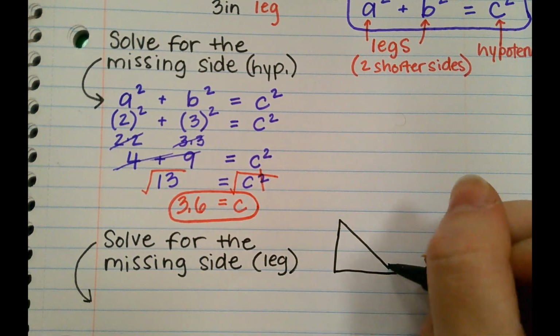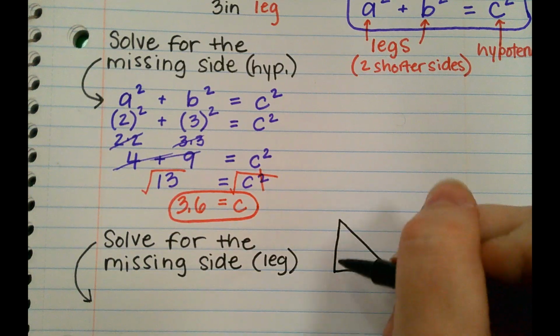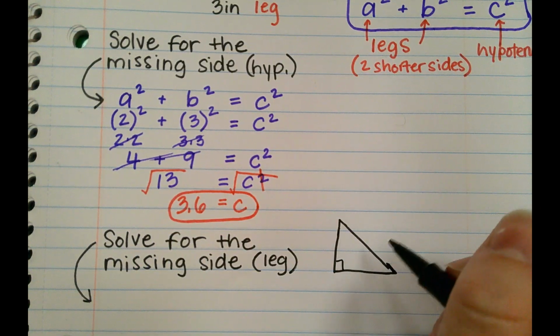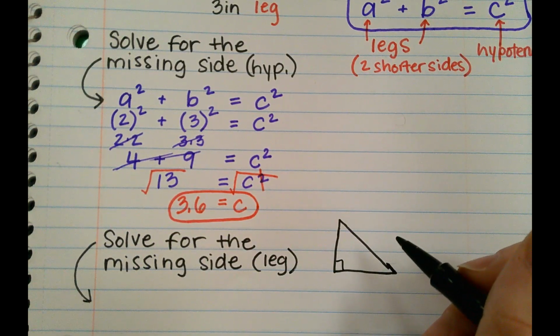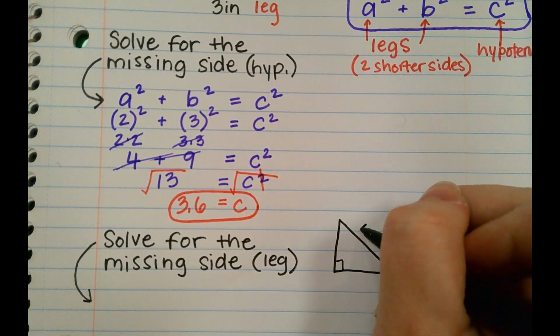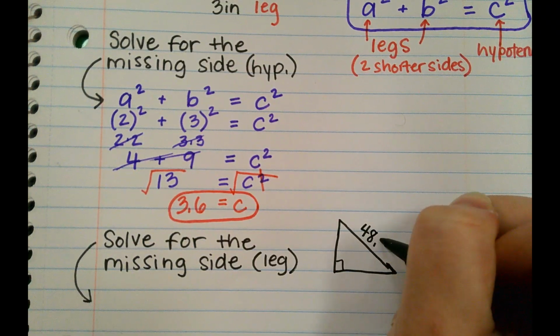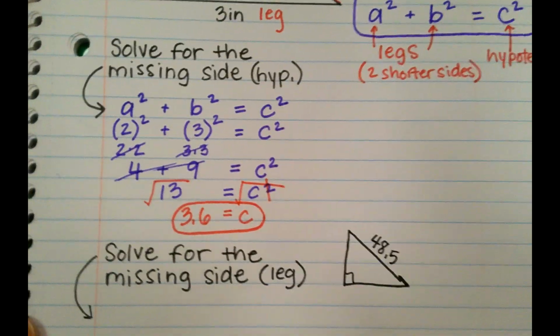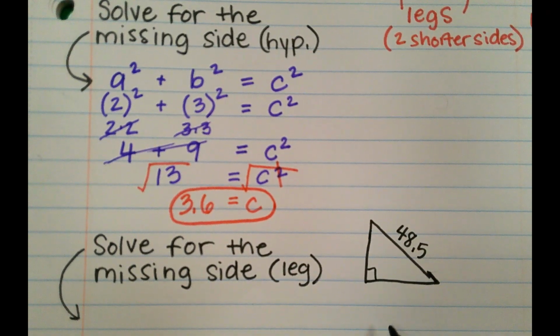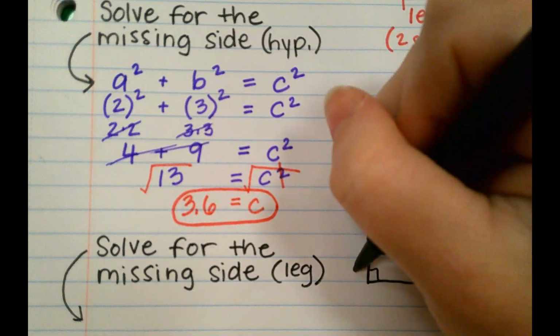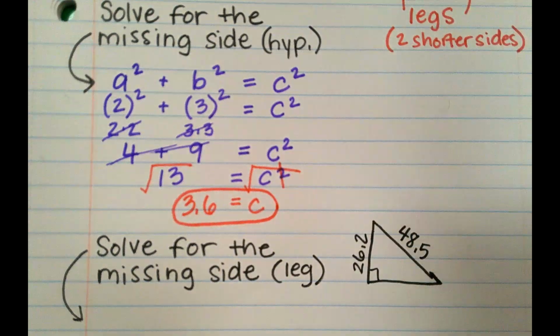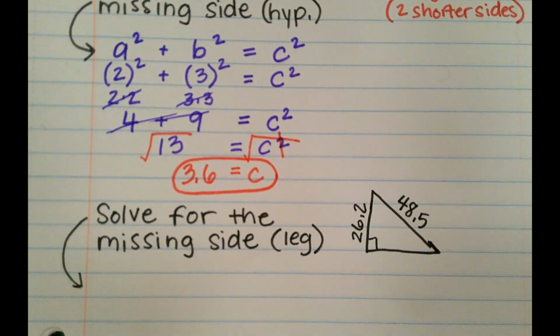My hypotenuse is, let's see, what did I put here? 48.5. And then one of my legs will be 26.2. And then I don't know this other leg.